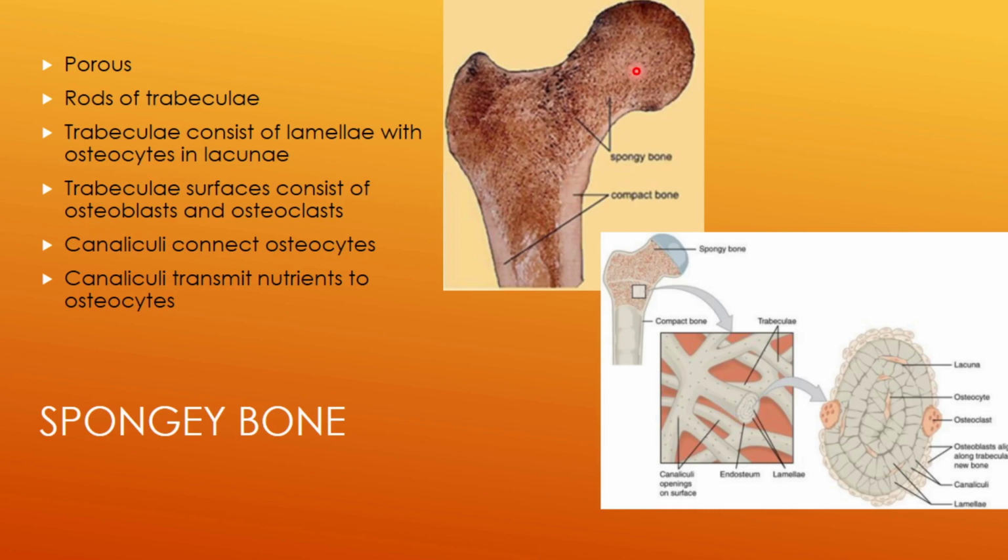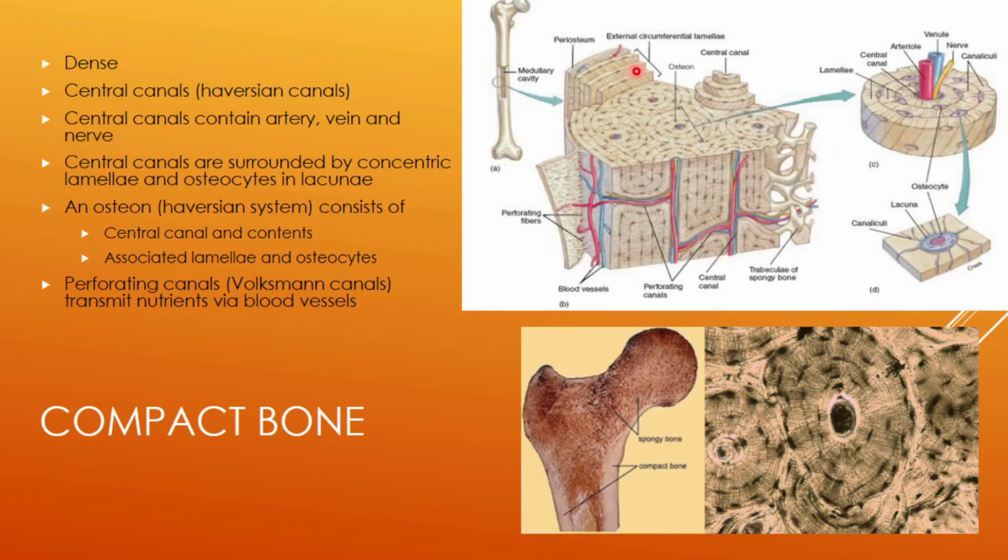It essentially looks like a sponge, hence the name. And then we have compact bone. So compact bone is denser, much denser than trabecular bone. So it's much heavier. And this is the type of bone we see around the outside of the same section of femur here.